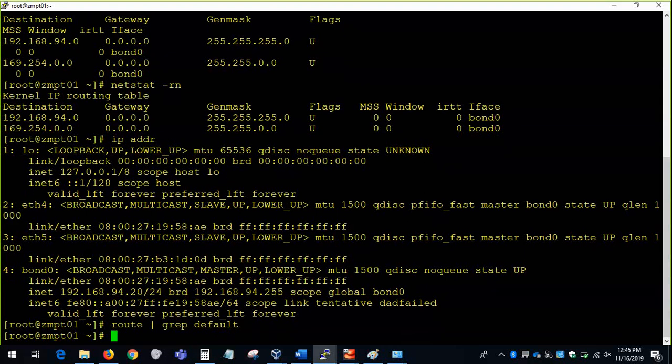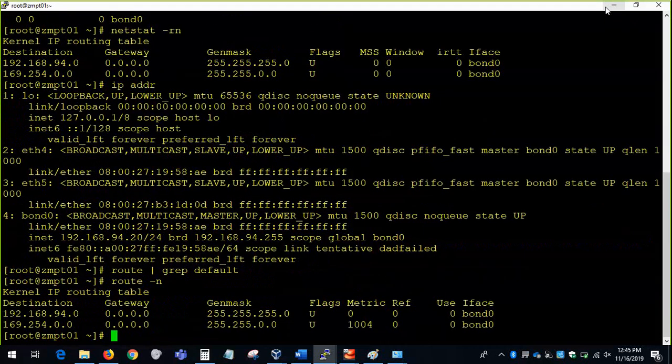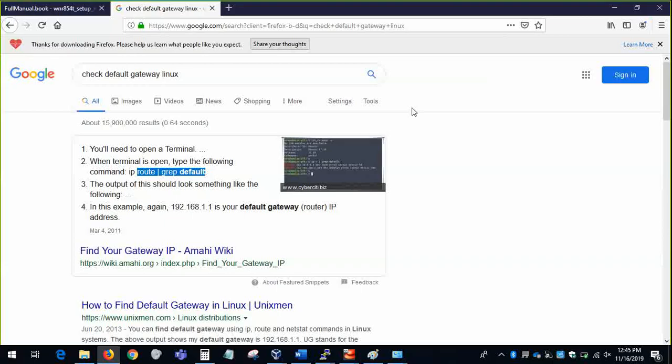Yeah, you're right, the default gateway is not showing.